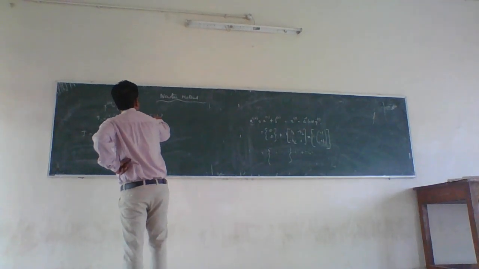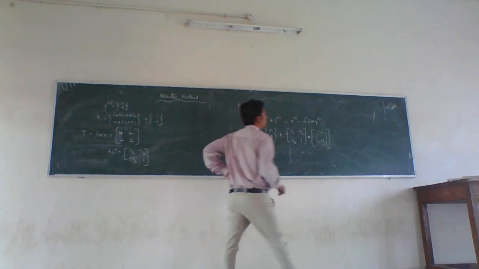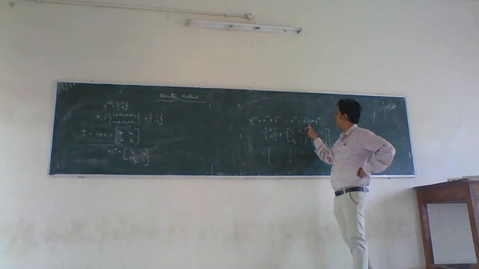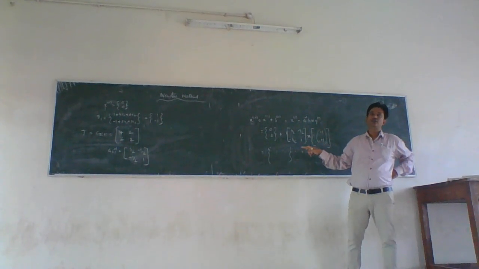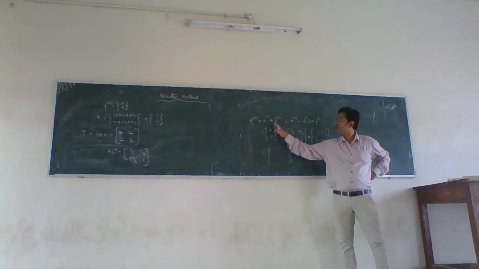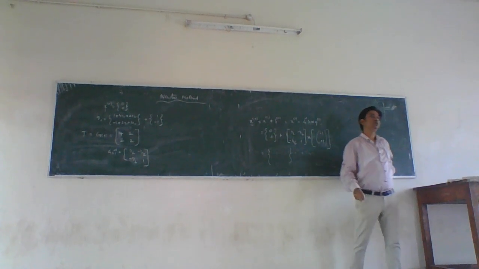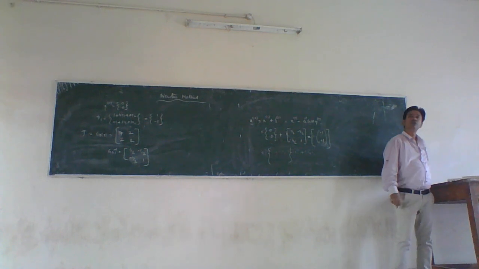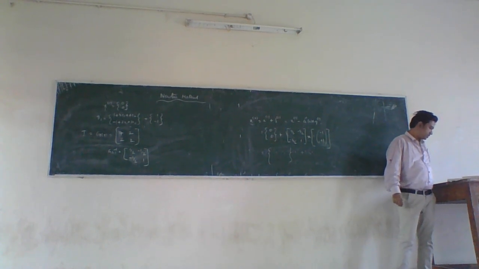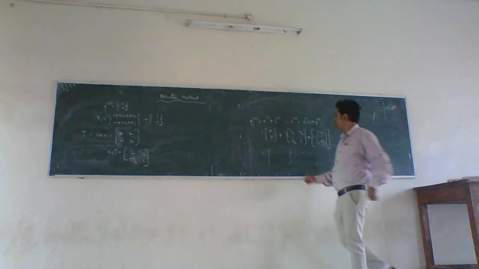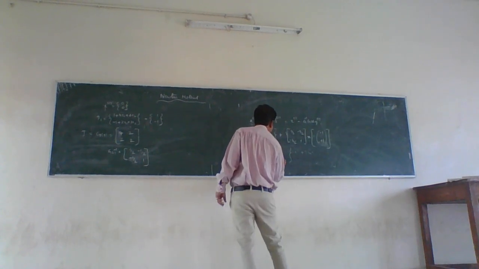So minus of small g, minus 1, 1, multiplied with G inverse, add x1. What is the answer for x2? Correct. So you will get minus 1, 3 by 2.